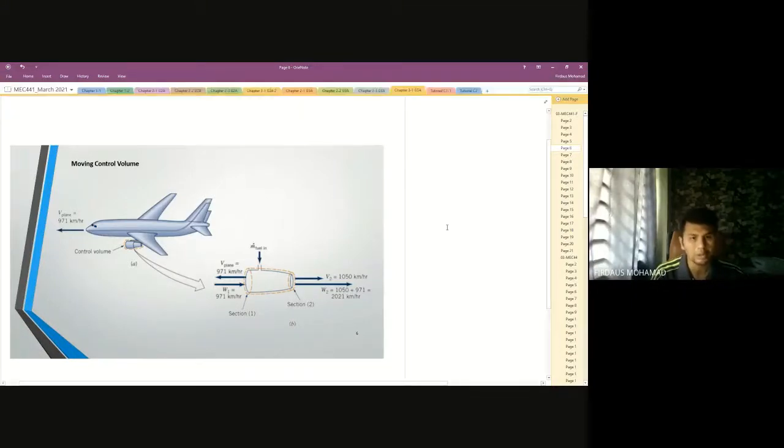So we need to consider the velocity of the plane, the relative velocity of the plane, and also of course the velocity of air sucked into the engine knuckle. Okay, so this is an example of moving control volume.